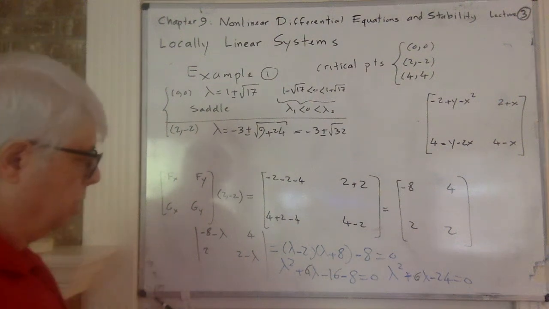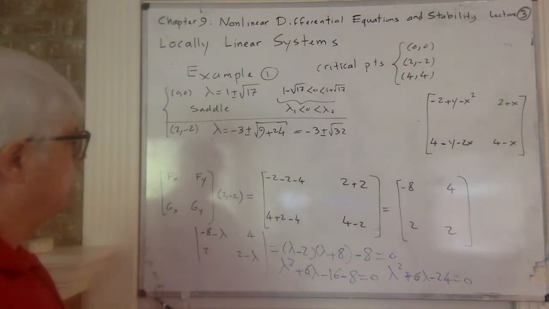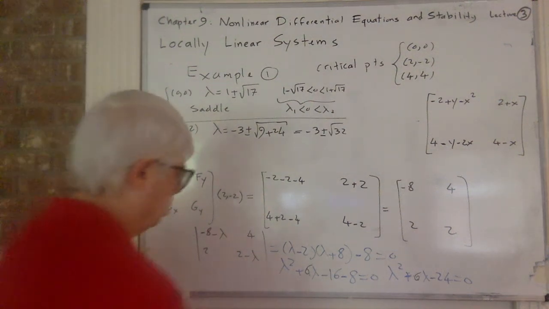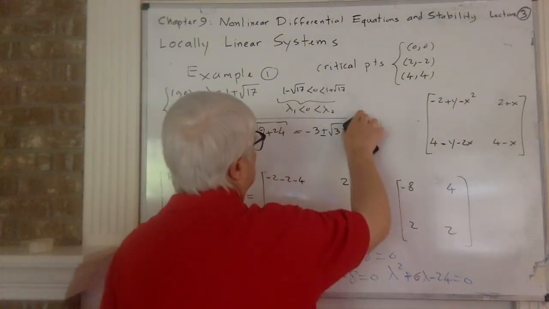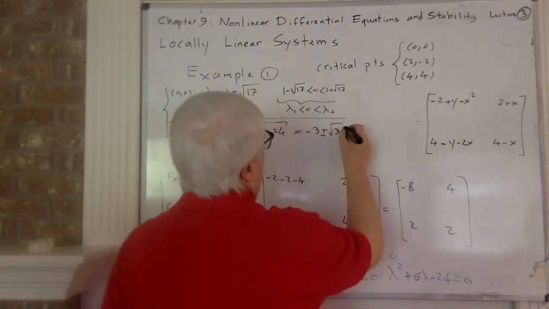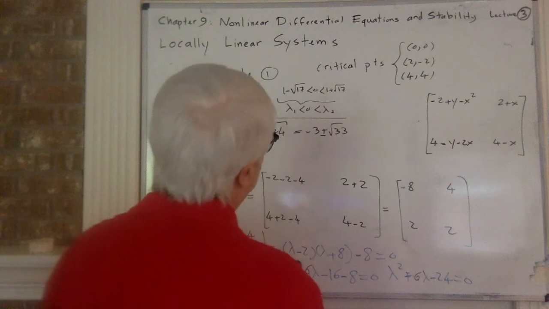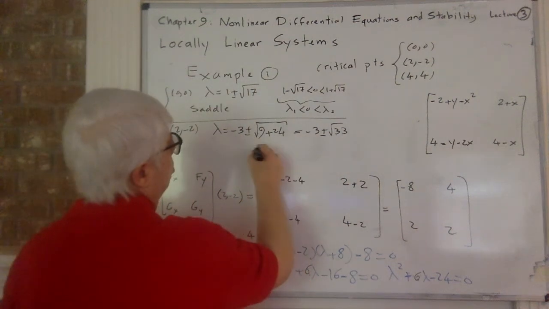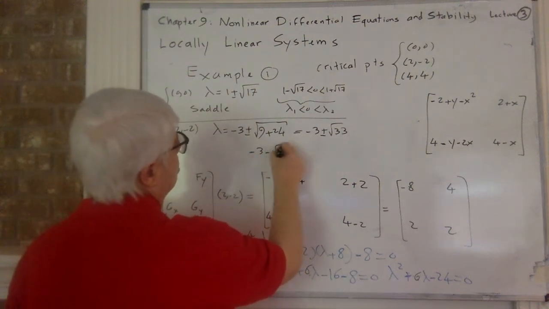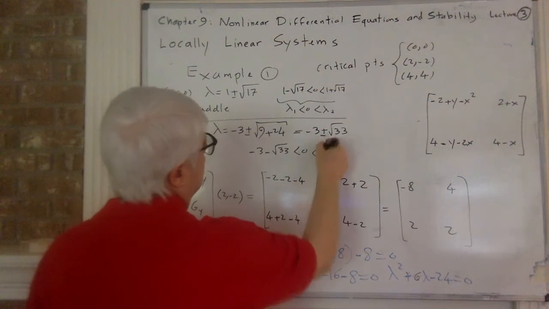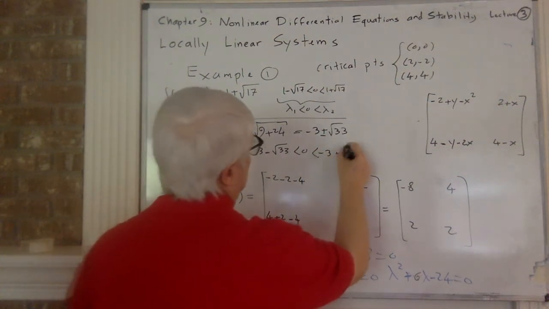Let me double check. That is 3 squared is 9, 33 in fact, right? 33. Okay, so minus 3 minus square root of 33 is less than 0, and the other one is bigger than 0.